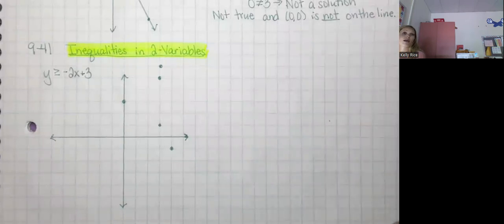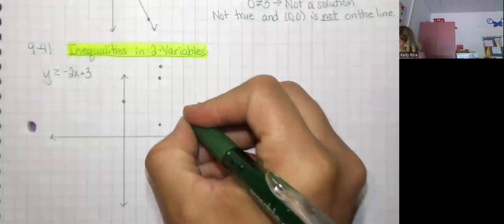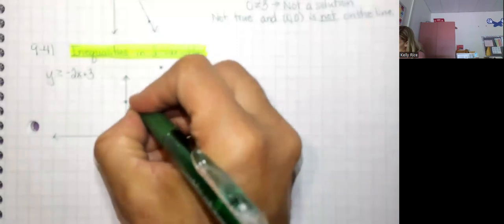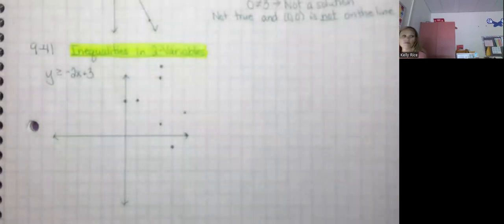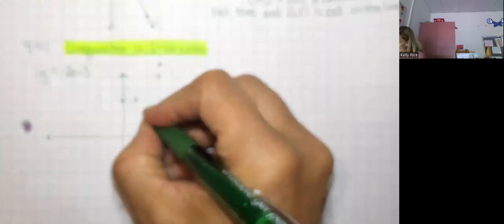Okay. What do you got, Issa? 5, 2, 1, 3. It's just kind of starting to look like, remember that little picture we had to draw for the graph? 2, 2 works.